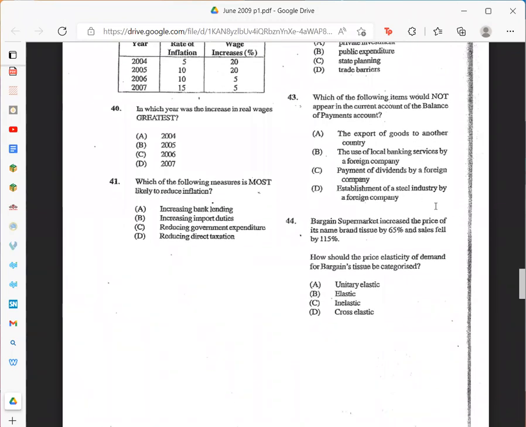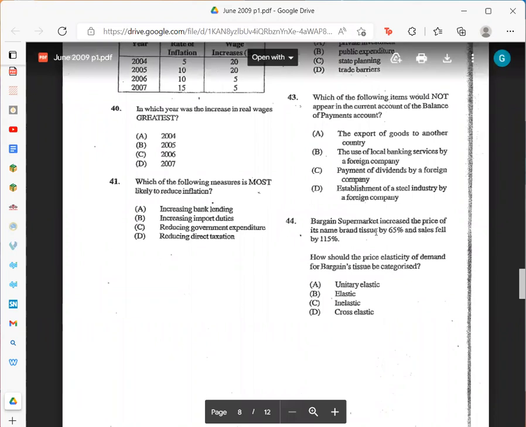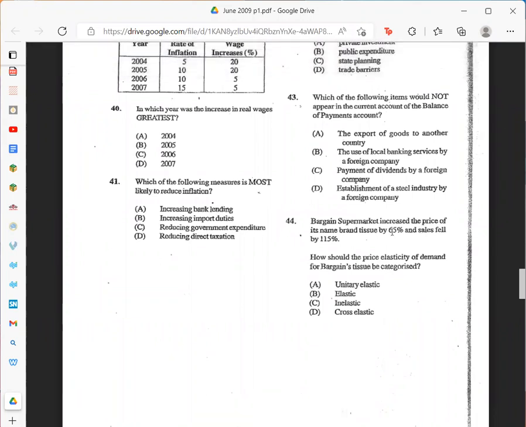45, bargain supermarket increased the price of its name brand tissue by 65% and sales fell by 115%. What is this telling us about the PED for bargain tissue? It's elastic, right? Correct.